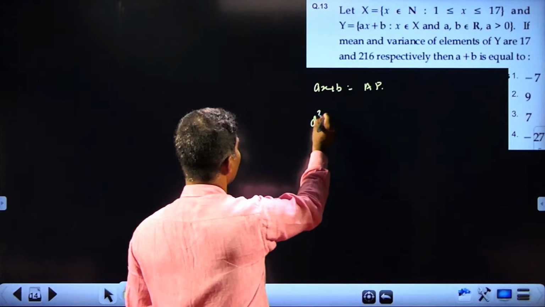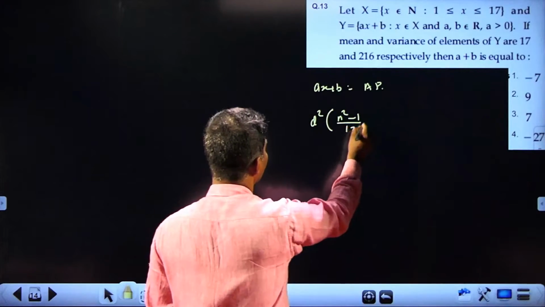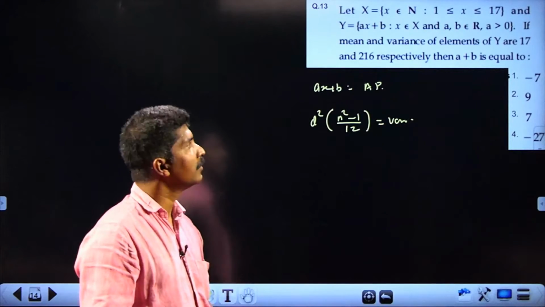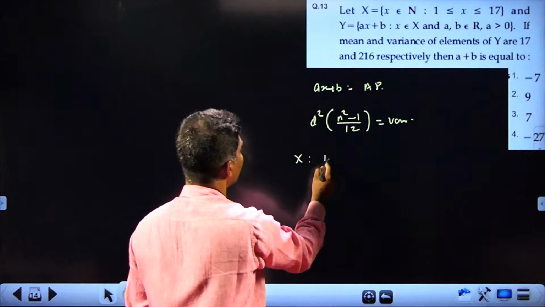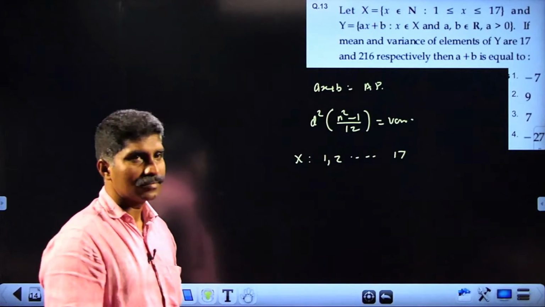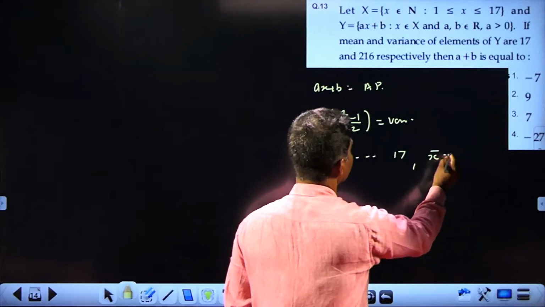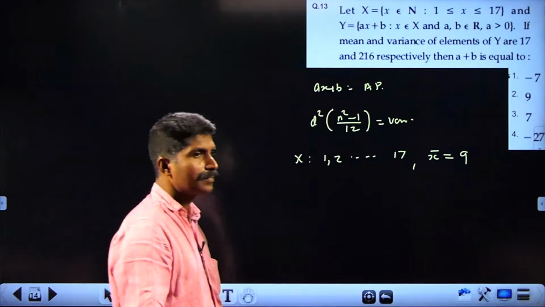D square into n square minus 1 divided by 12, that is the variance. Now from here, x is actually 1, 2, 3, etc. up to 17 natural numbers. And what is its mean? Its mean x bar is nothing but the middle term, that is equal to 9.